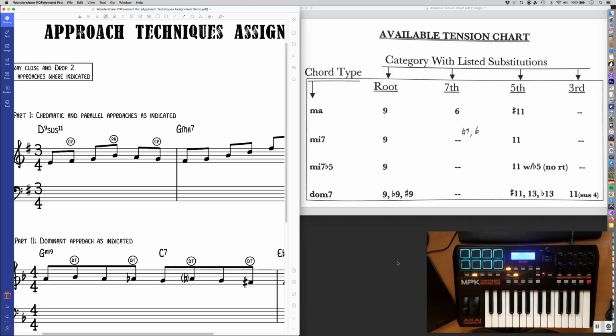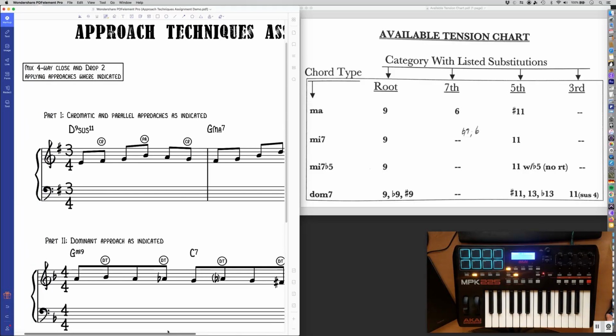And in particular, we're going to be doing this on tones that are generally considered to be non-chord tones, which is where these approach techniques really shine. So for this assignment, before you take it on and before you even watch this video, you should have read the Gary Lindsay pages 99 through 107.